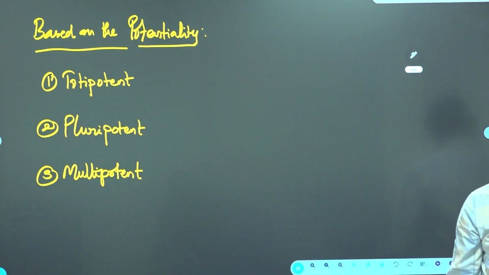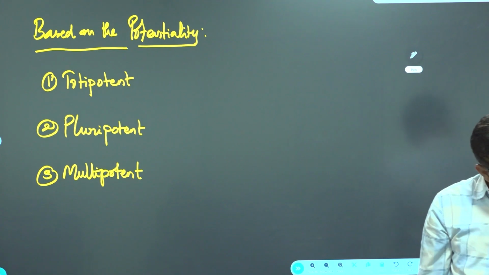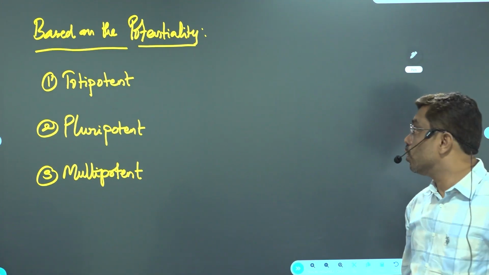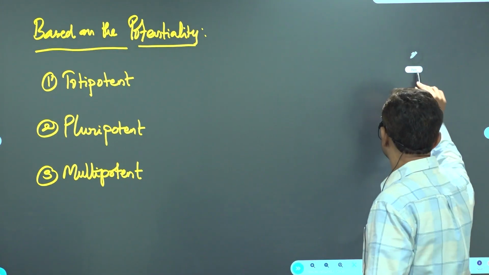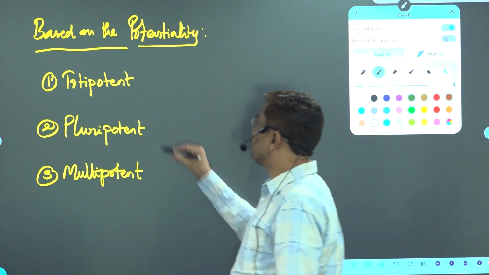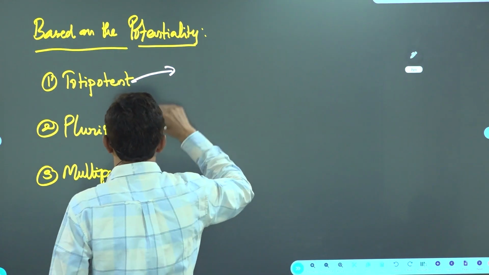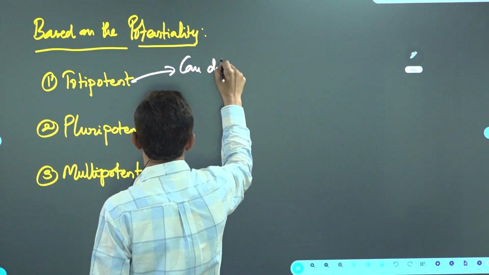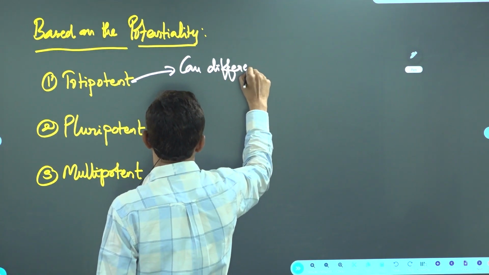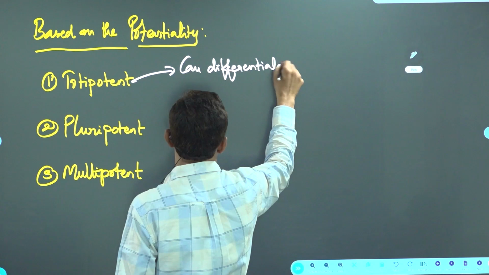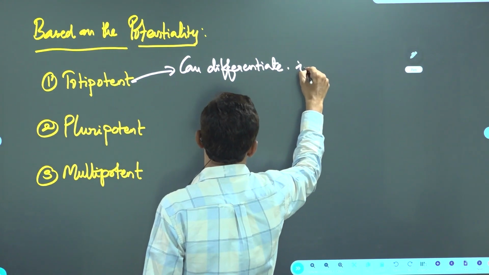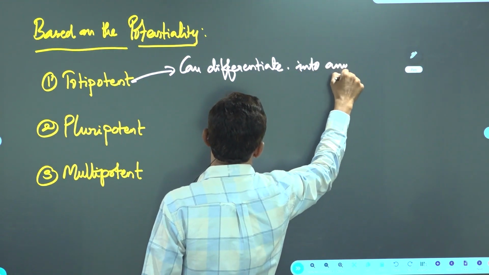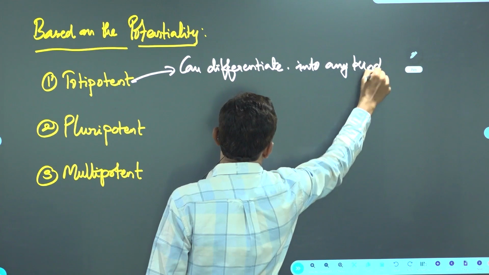Totipotent stem cells. Totipotent stem cells means there is no restriction here. A totipotent stem cell can differentiate into any kind of cell.